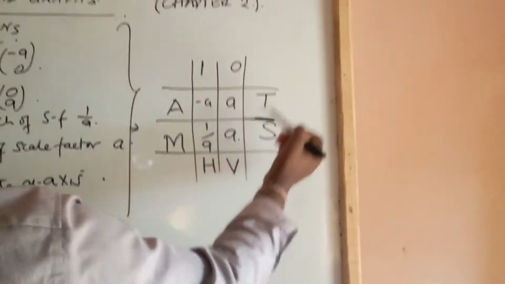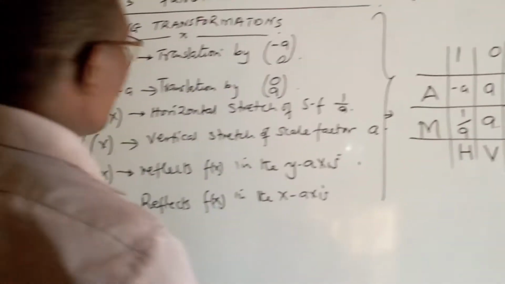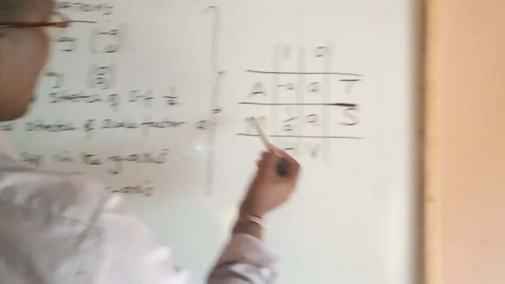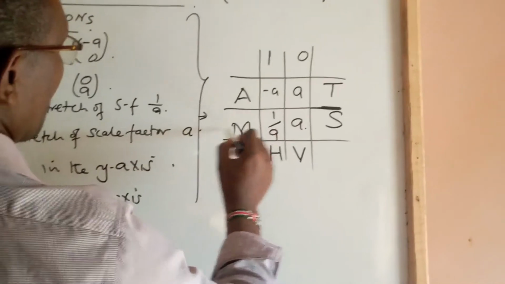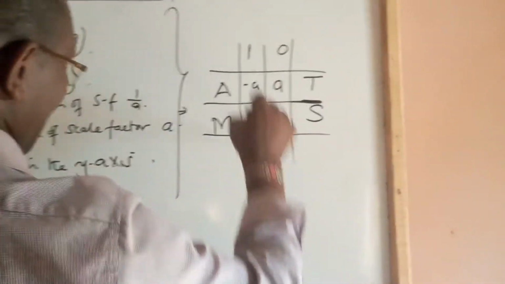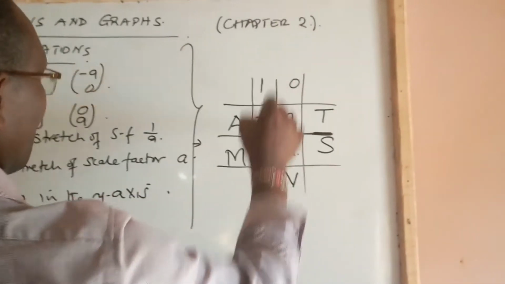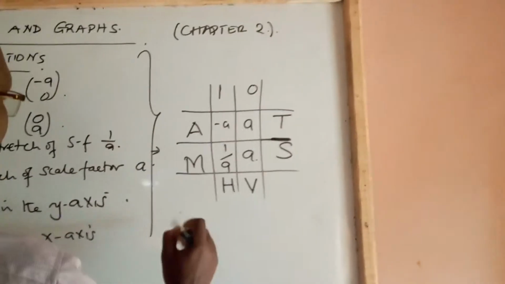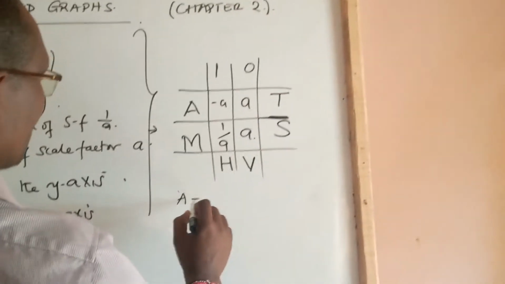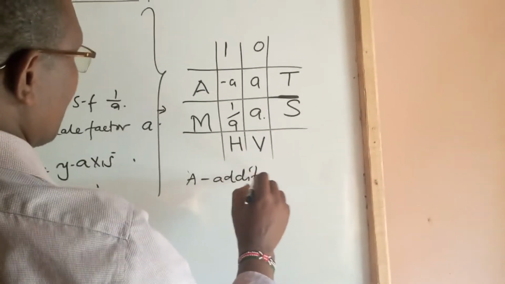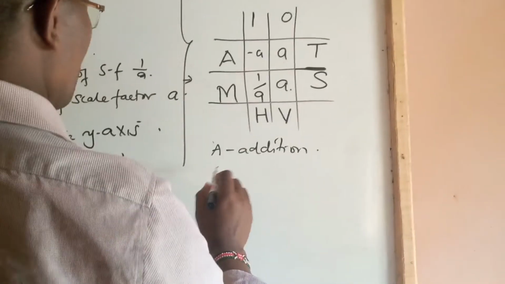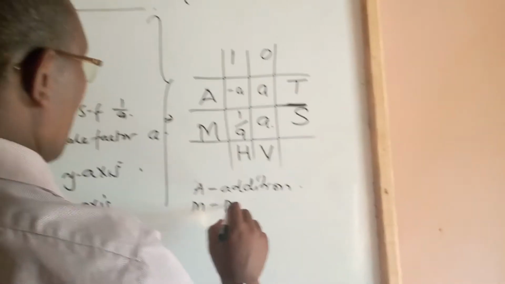I will talk about this one to summarize all this. One way you will know this one is if you talk about multiplication or addition inside. This A means addition. The M means multiplication.